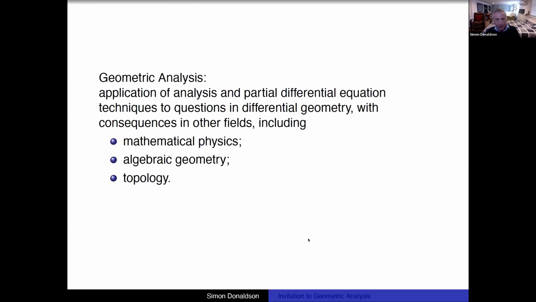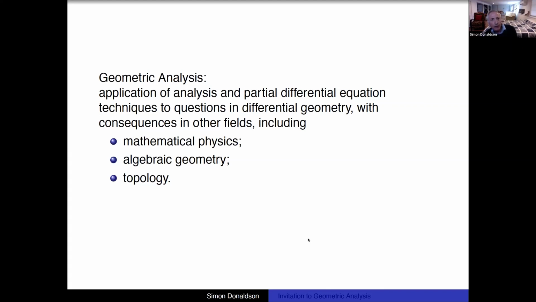So what is this subject? One perhaps rough description would be it's the application of techniques from analysis and partial differential equations to questions in primarily differential geometry, but also questions whose answers have consequences and ramifications in many other fields, including physics, algebraic geometry, and topology.